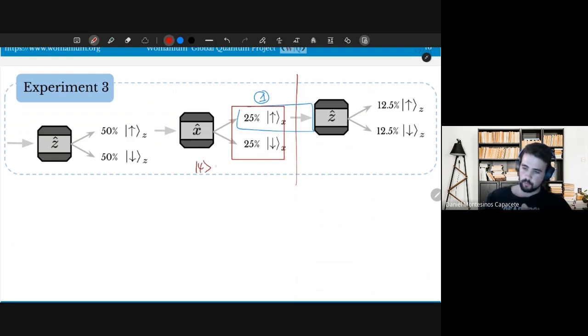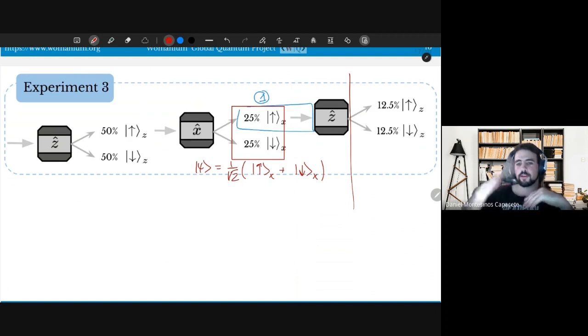This whole state would be the linear combination we have seen, right? Up x and down x. This is the linear combination. That's why half of the atoms are going to be up, and the other half is going to be down.